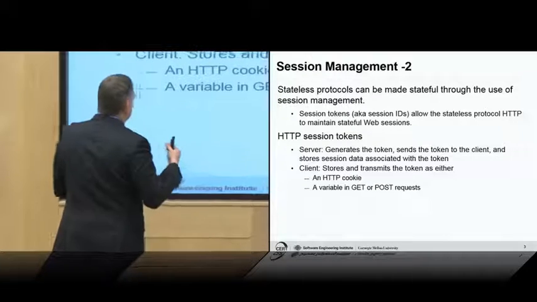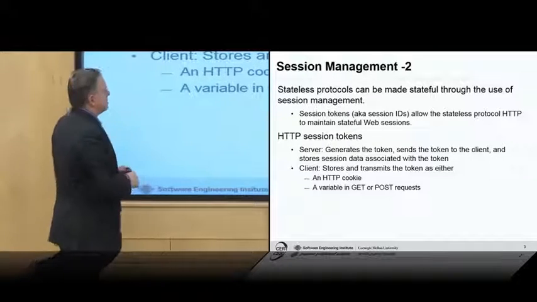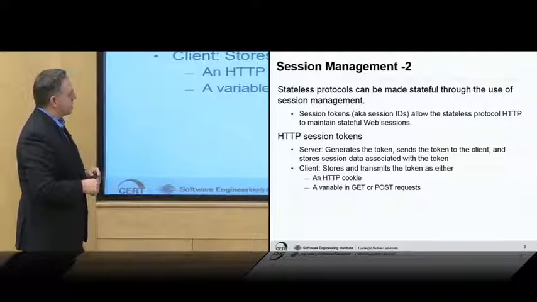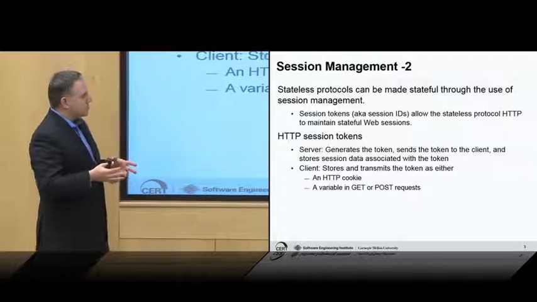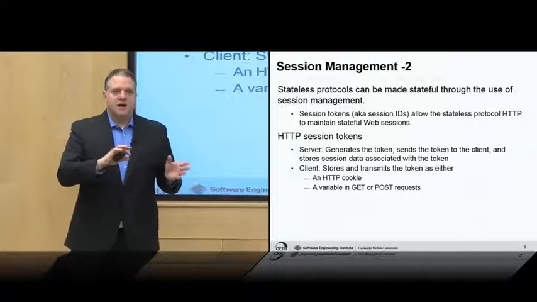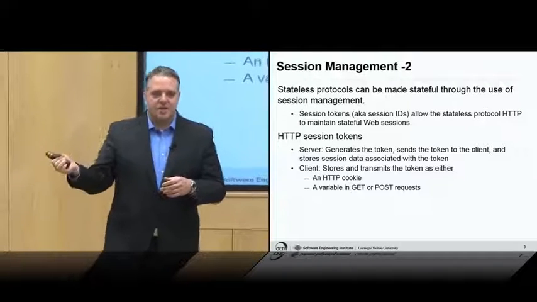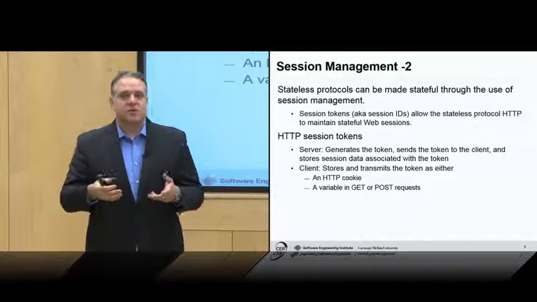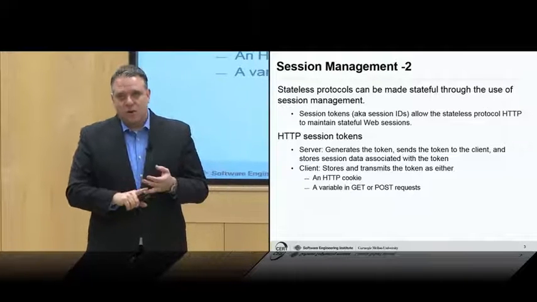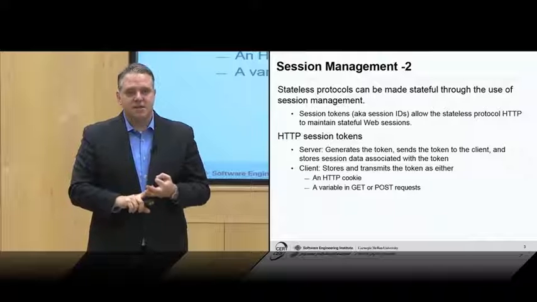HTTP tokens are the primary way that you'll see of maintaining state. The server will generate a token or session ID, send it to the client, and then the client continually uses that session ID such that the server can track who they are, what they've done, and it can maintain that state.